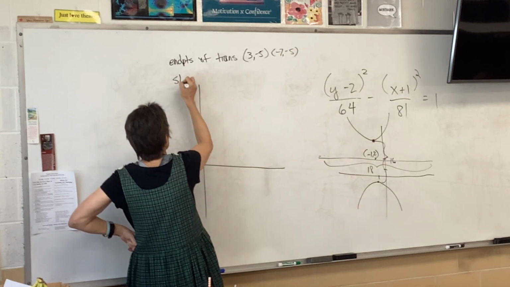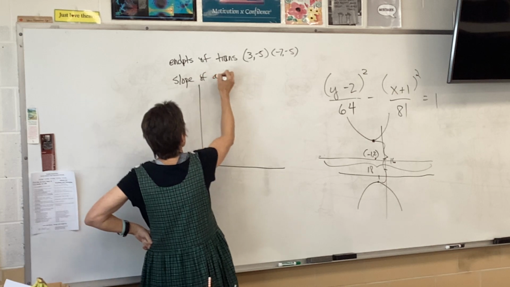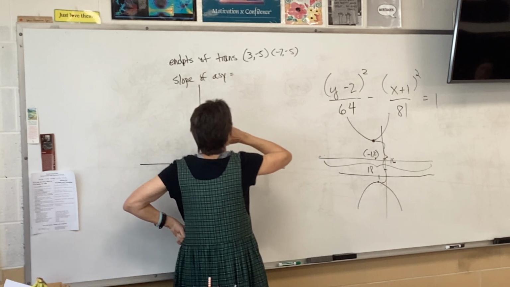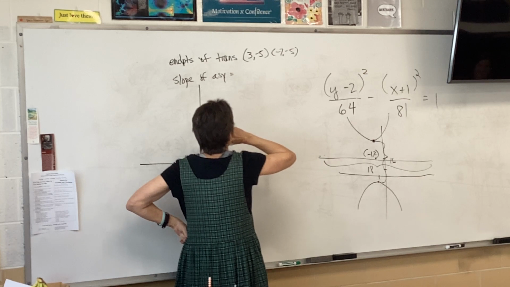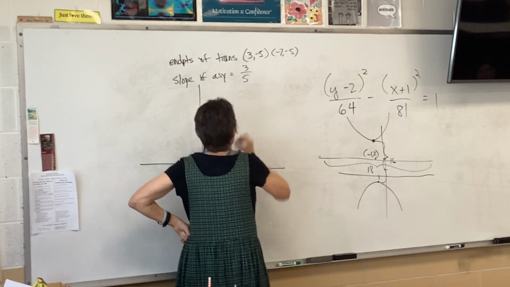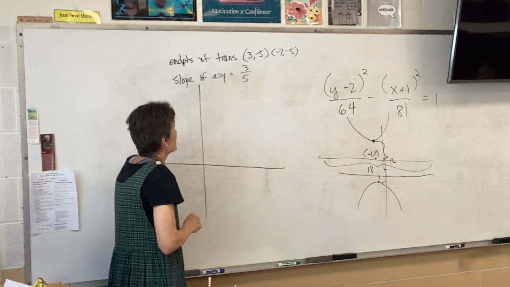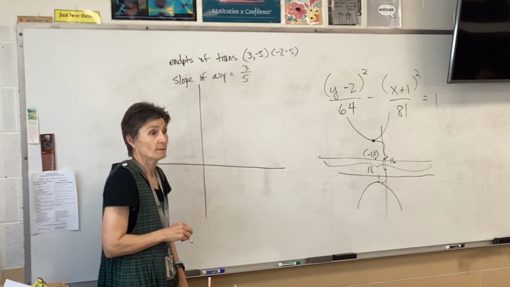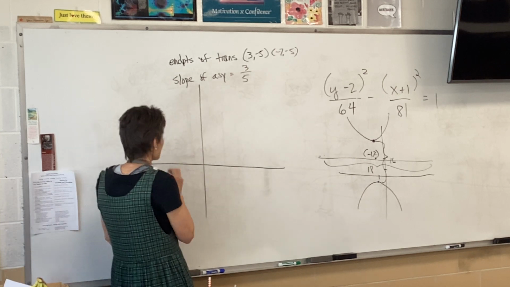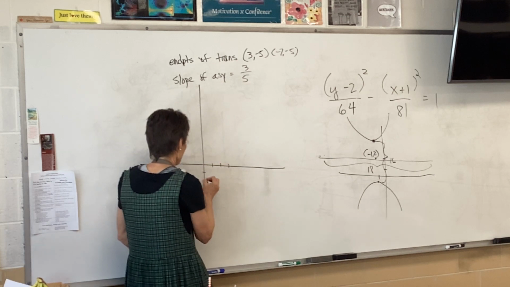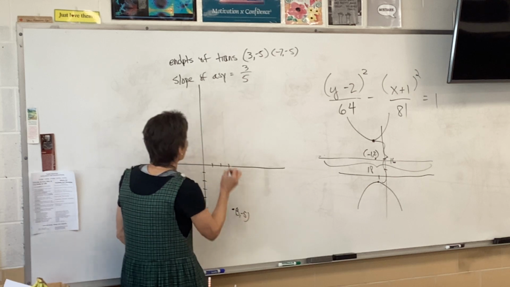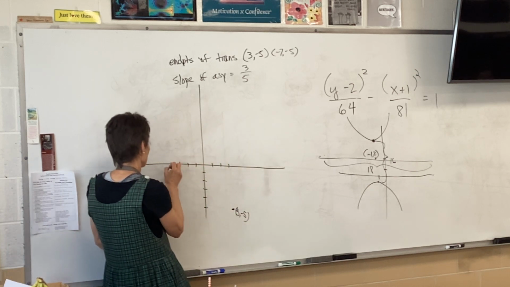And I know that the slope of an asymptote is, I'll be really careful here, 3/5. All right, I'm going to write the equation of a hyperbola, so this is what I know. Transverse axis: (3, -5) and (-7, -5).